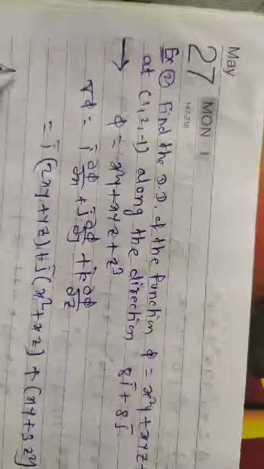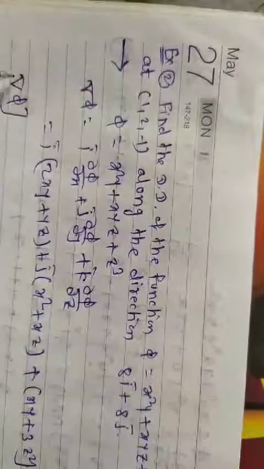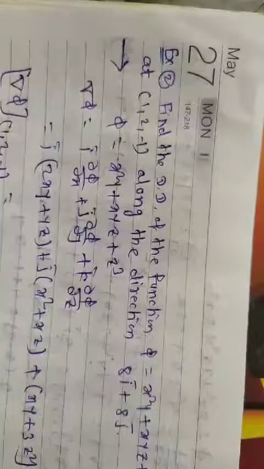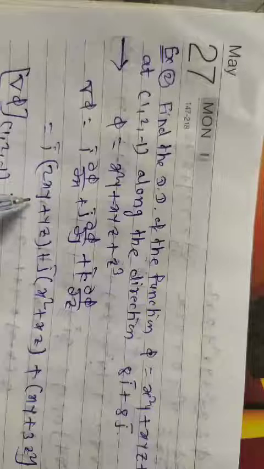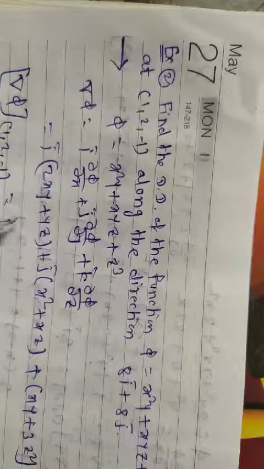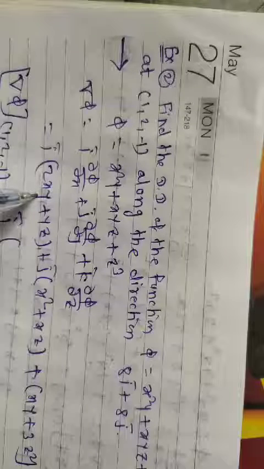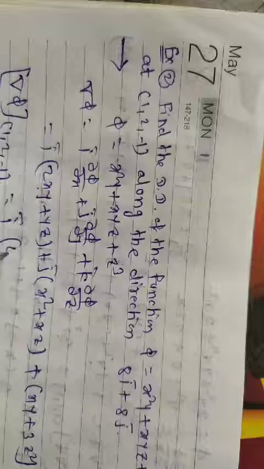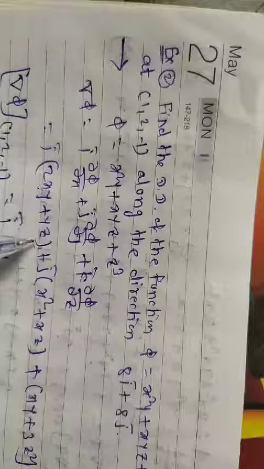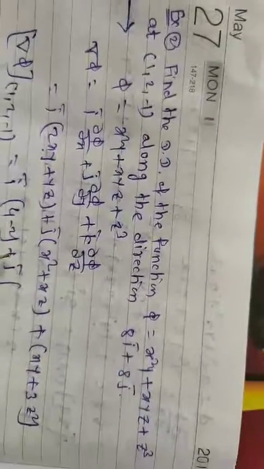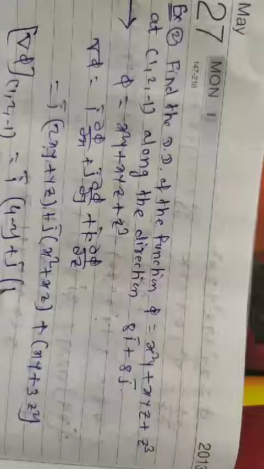But we have to find del phi at point 1 2 minus 1. So put x equal to 1, y equal to 2, z equal to minus 1. If you put here, then I bar into x equal to 1, y equal to 2. So 2 into 1, 2 into 2, 4. And 2 into minus 1 is minus 2, 4 minus 2. Plus j bar into x equal to 1, 1 square is 1.